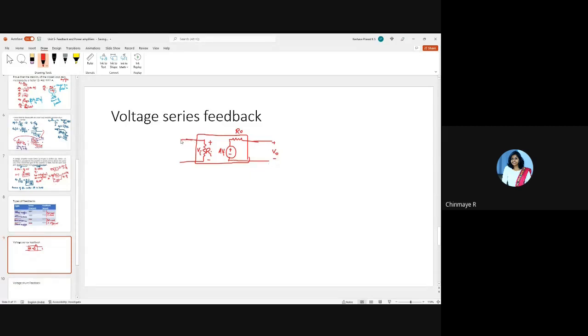Now let's draw an ideal case where you have an input voltage Vs, which has zero input impedance. And let's say your load has infinite output impedance. That is, this load, let's keep this open so that it has infinite output impedance.